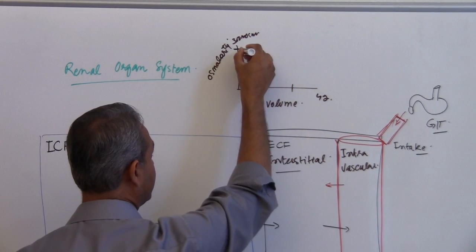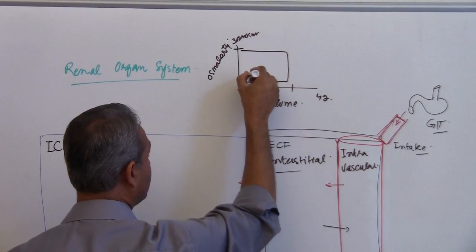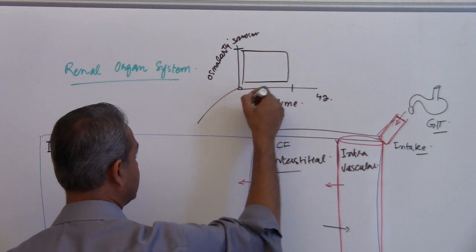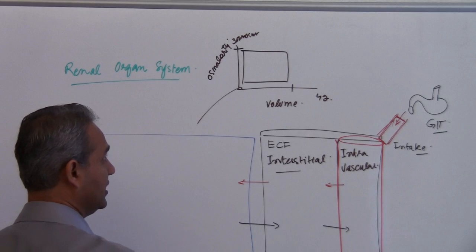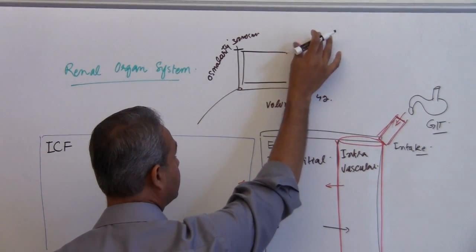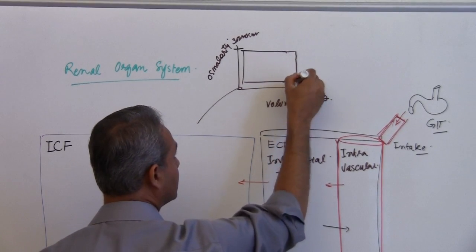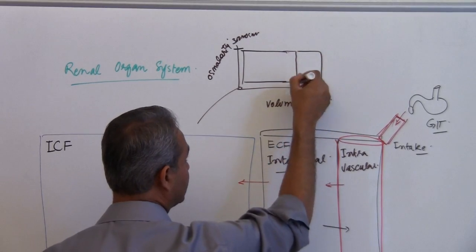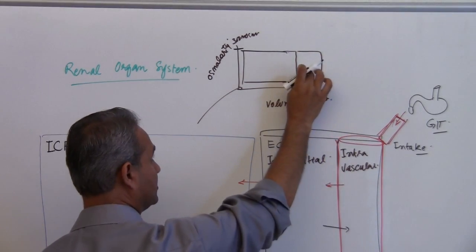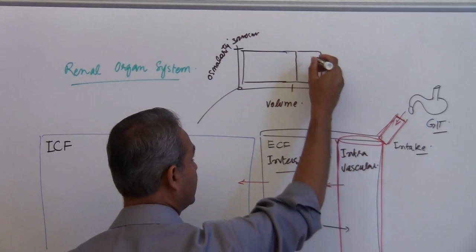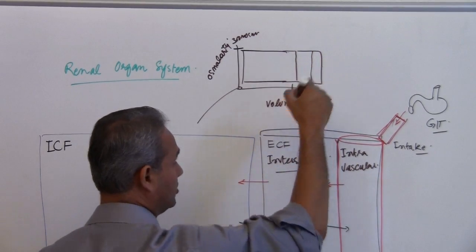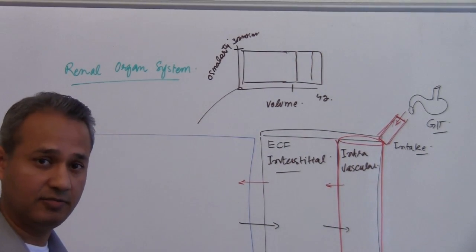Then the volume of intracellular fluid is this representation over here, and then the volume of the extracellular fluid is this compartment represented here, which is divided into intravascular and the interstitial compartment.